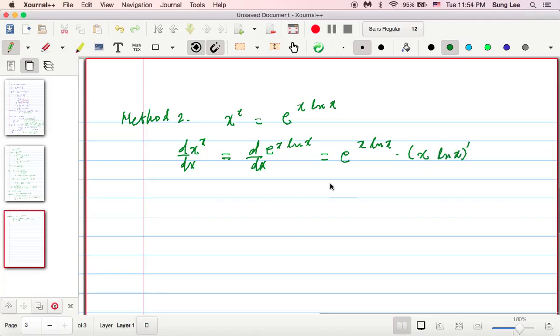And e to the x times ln x is nothing other than x to the power x. And this derivative here we just calculated earlier using product rule, we get 1 plus ln of x. So either way, this is not bad at all. Either method is just fine.